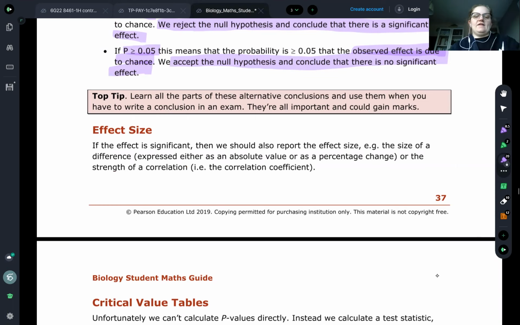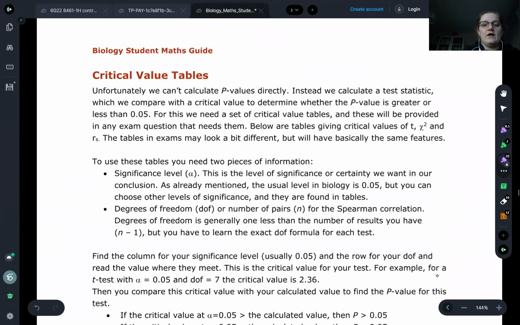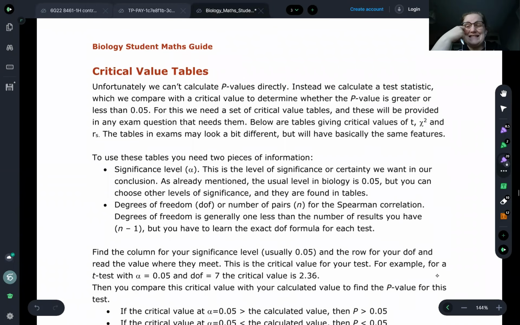So if the effect is significant, then we report the effect size. Basically, we can't calculate p-values ourselves. We calculate a test statistic, and then we compare with a critical value to determine whether the p-value is greater or less than 0.05. So in this situation, you're given a set of critical value tables, and these will be provided in any exam that needs them. Okay.